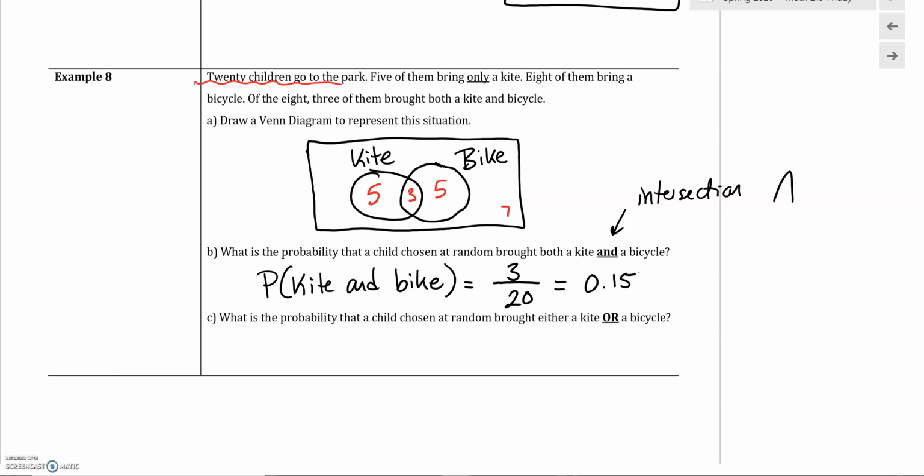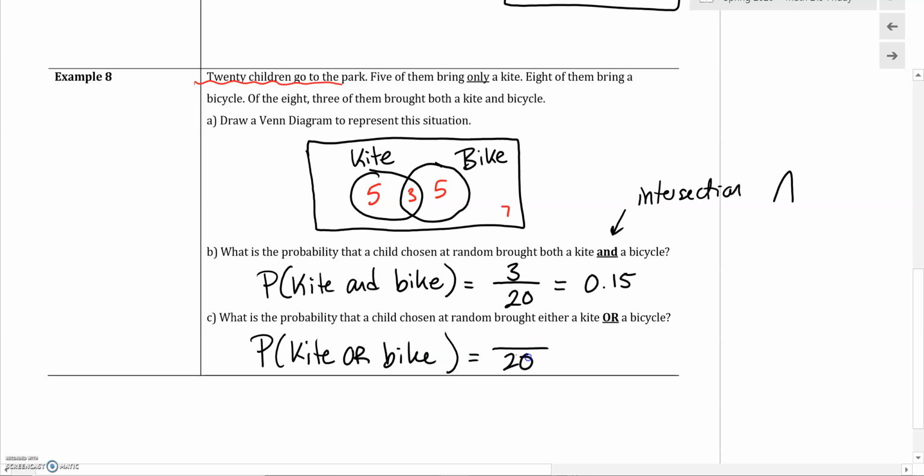All right, so let's try this last one. It says, what is the probability that a child chosen at random brought either a kite or a bike? Probability of kite or bike. Okay. Again, there's 20 possible kids you might select from, right? If you're picking a child at random, there's 20 of them that could be chosen.